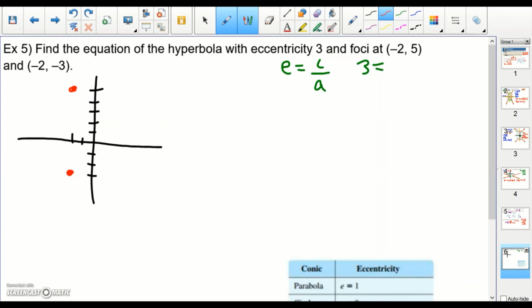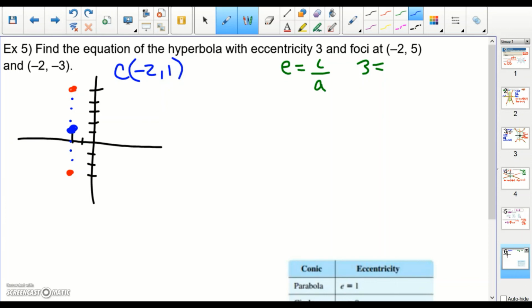All right, so basically what I can determine here is that the center is going to be in the middle of that. So if I go 1, 2, 3, 4, or 1, 2, 3, 4, the center is at that point, negative 2, positive 1.